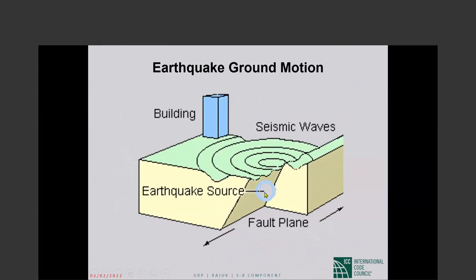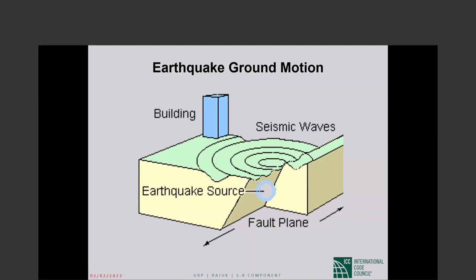So the source of the earthquake is typically some distance below the surface of the earth. That point where the earthquake originates is called the focus of the earthquake, and the point vertically up from the focus on the surface of the ground is called the epicenter.